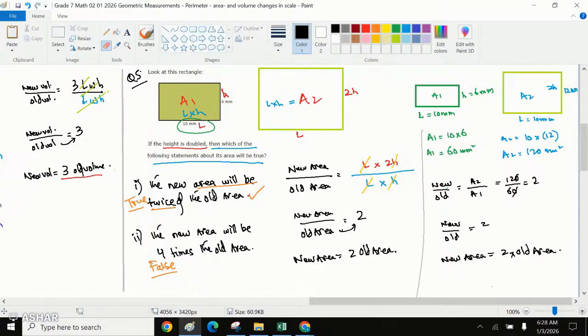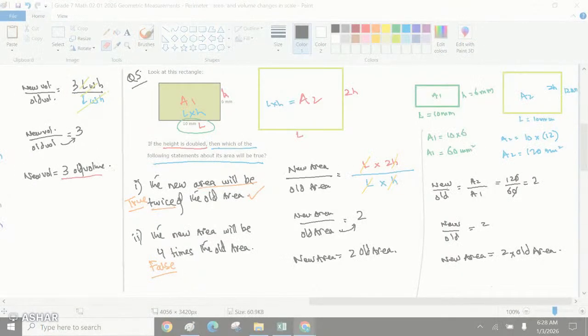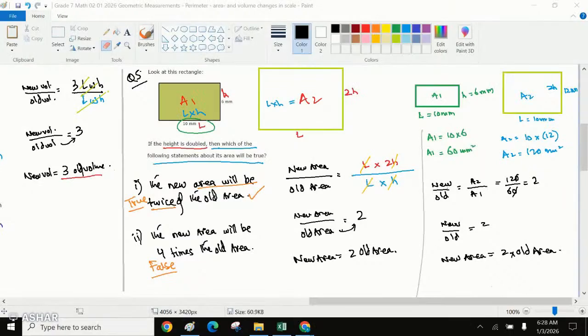Let's look at the next one and see what they're asking us to do. The next question has a rectangle with both the dimensions changing. You need to see something.